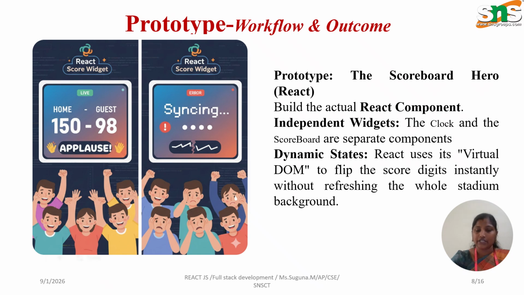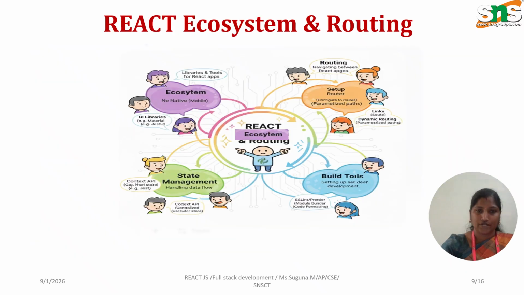DOM is nothing but the Document Object Model. So instead of refreshing the entire page, React compares the old UI and the new UI, and it updates only the changed part. In our story, only the score number changes, the background remains the same. This makes React very fast and efficient.